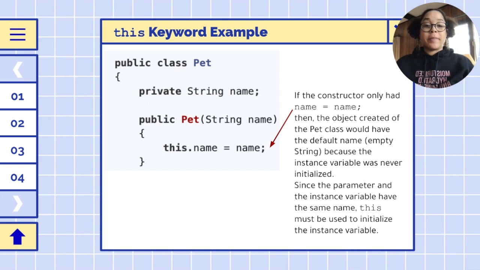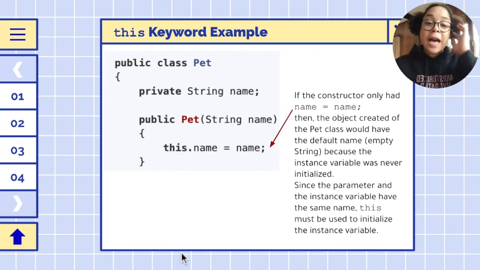Here's another example. If we have this class called pet, and we have our instance variable called name and a parameter called name, then we would use this dot name equals name to initialize name. But suppose the this wasn't here and the constructor only had name equals name.